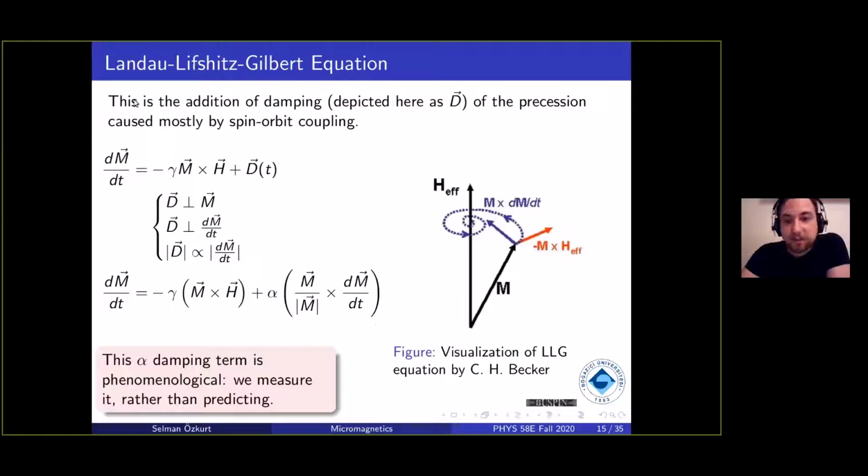And now let's generalize this equation by adding a damping term. We need this damping term because it cannot, of course, precess forever. And because of some reason, which is not identified now, which we don't have to identify, it has to be converging in time into its most stable state of pointing parallel to the magnetic field.